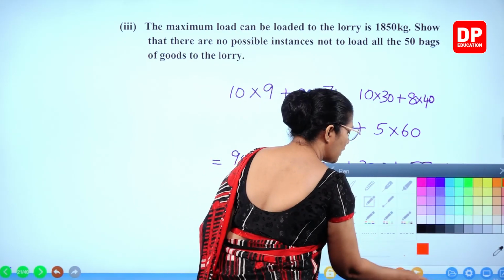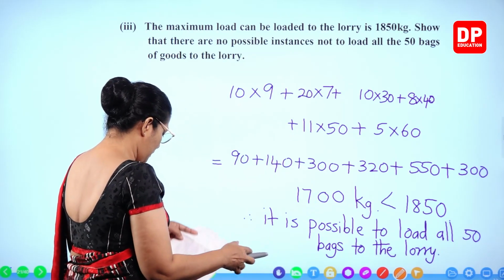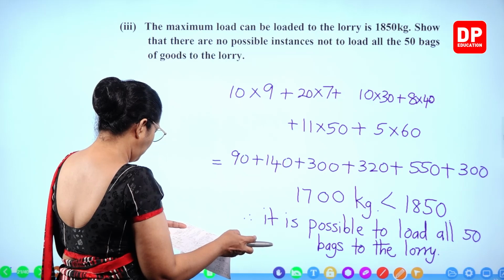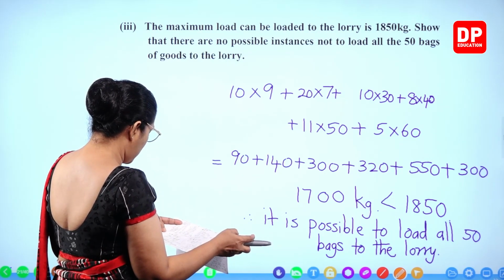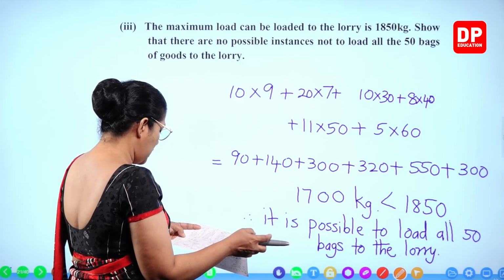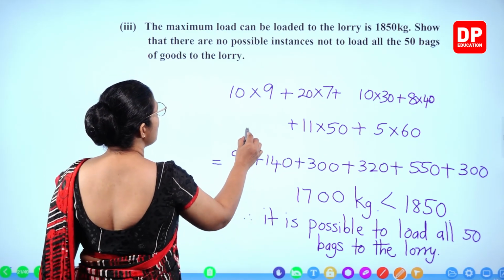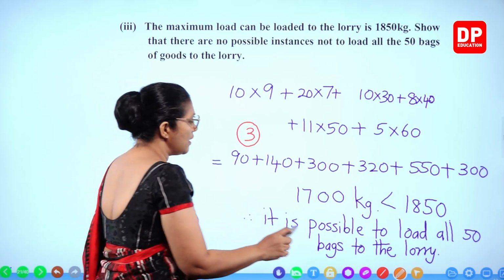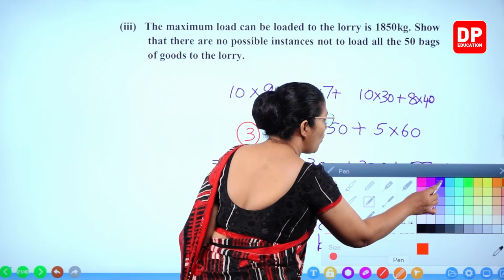So how many marks for that part? You are getting 3 marks for that. So 1700 less than 1850. So 3 marks for this part. So earlier we gave 7 marks and this 3, altogether 10 marks for the whole question.